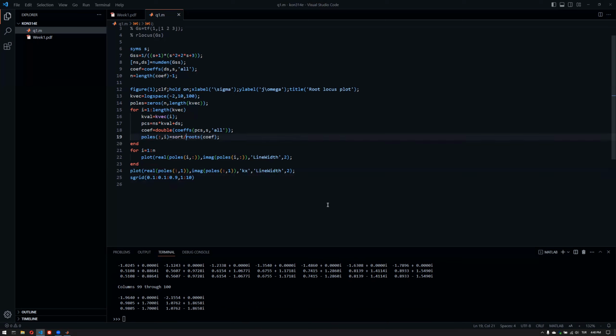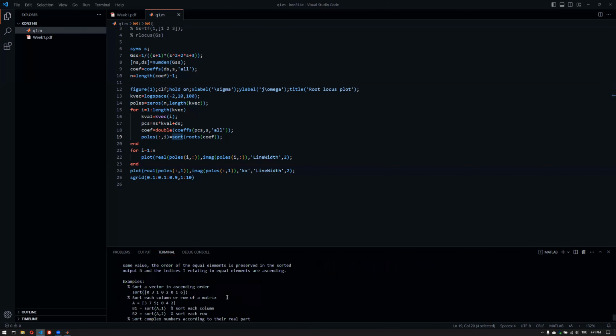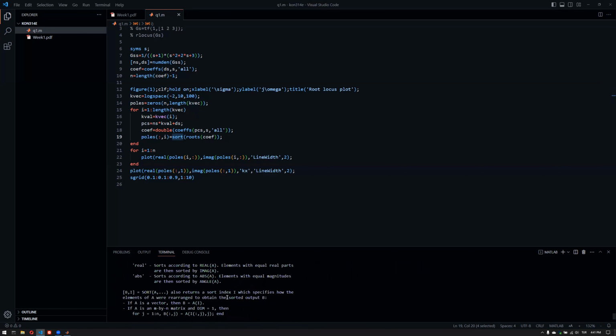When we calculate this, we should sort them with a certain sort criteria. So let's say help sort.